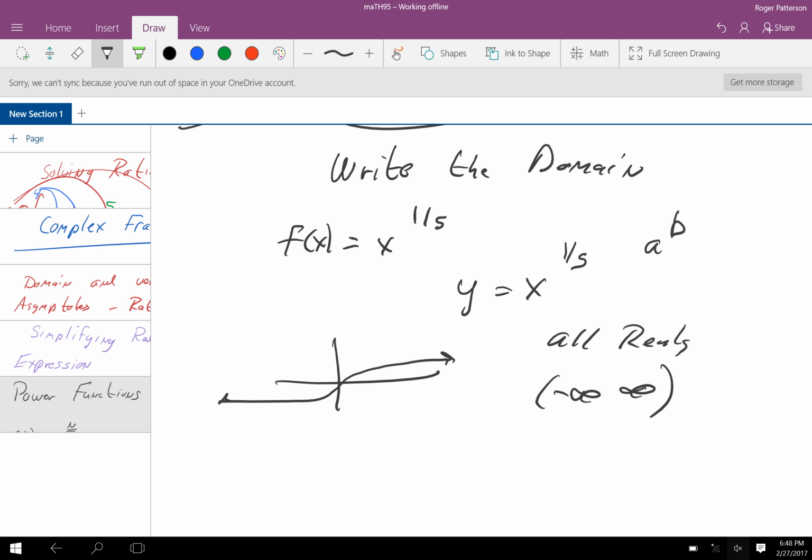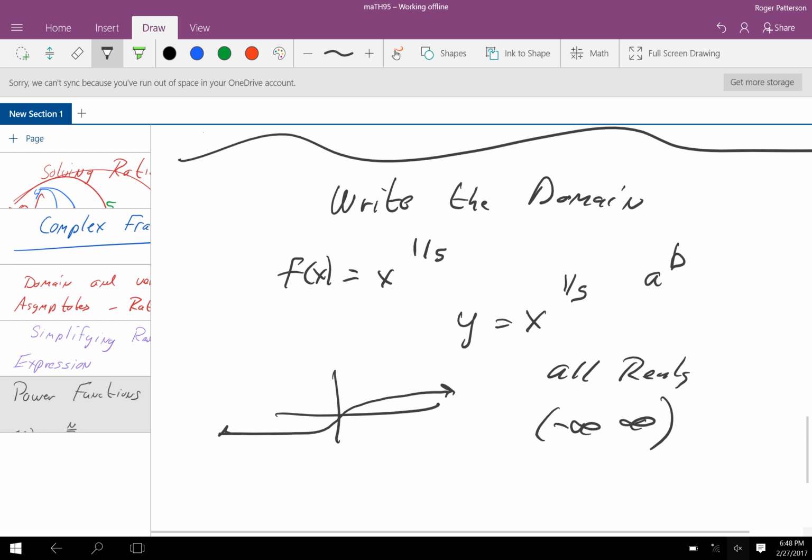I really think that's pretty much all there is to that section. It just talks a little bit about power functions, domain, range, evaluating them, just using your calculator. Any questions on it?